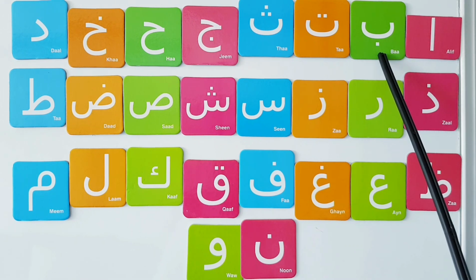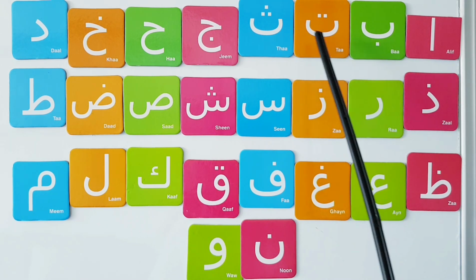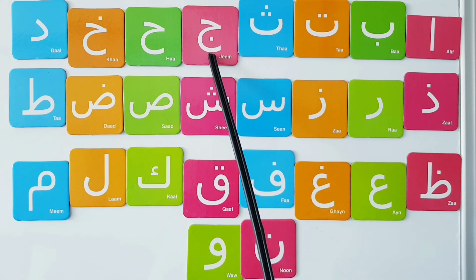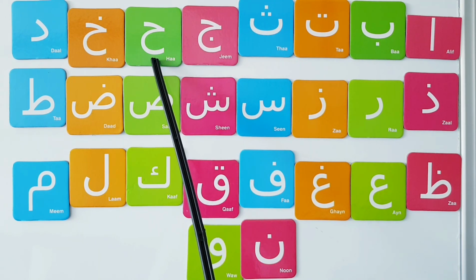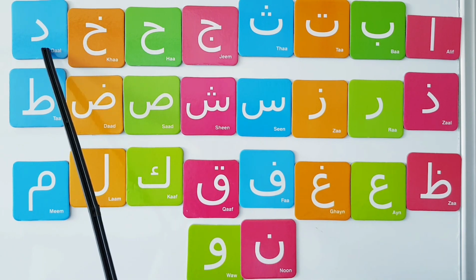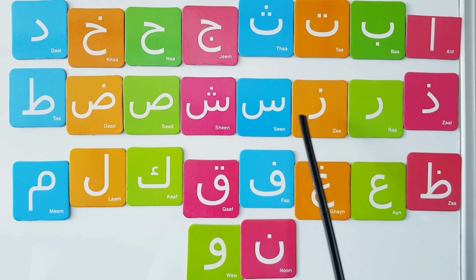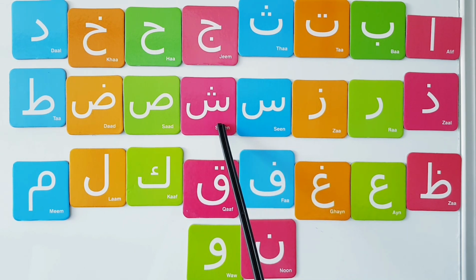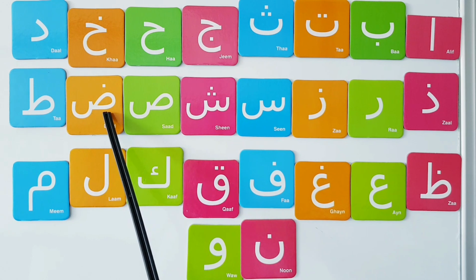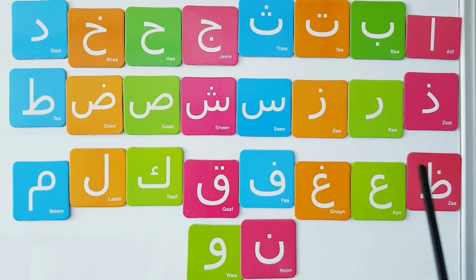Alif, Ba, Ta, Tha, Jim, Ha, Kha, Dal, Zal, Ra, Zam, Sin, Shin, Sad, Dad, Ta, Ra, Ain, Ghain, Fa, Qaf, Kaf, Lam, Mim, Noon, Waw.